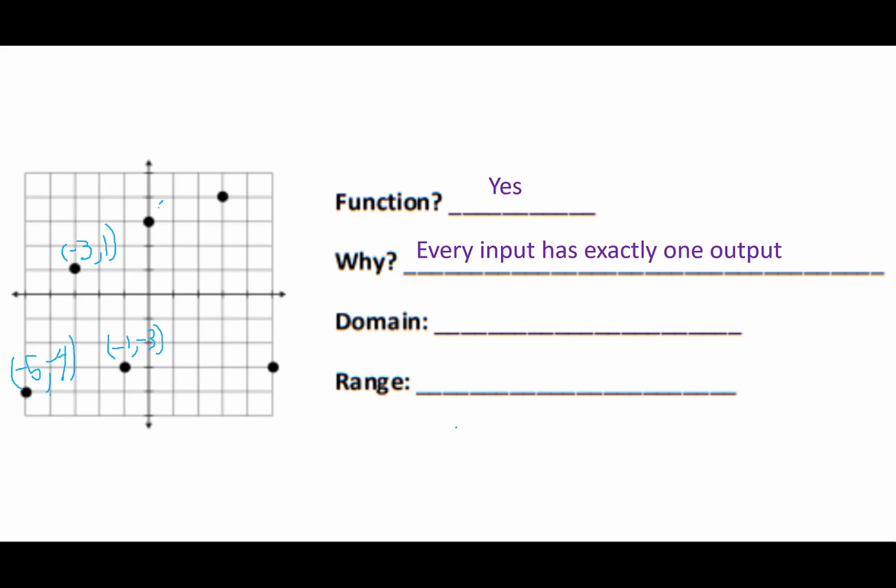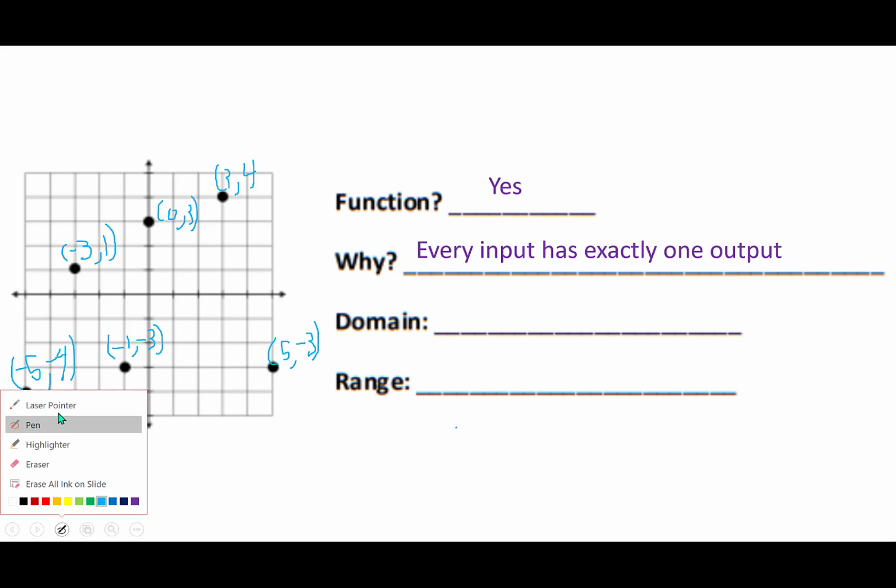This point here is 0, comma 3. And we go right 3 here and up 4. And our final point is 5, comma -3.